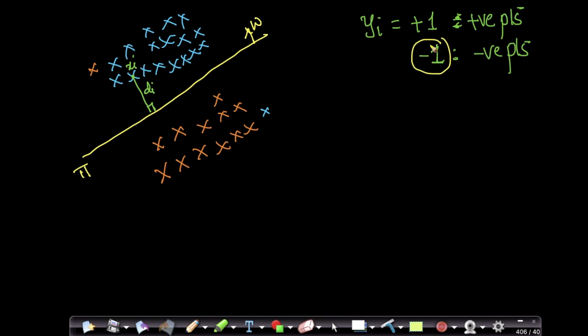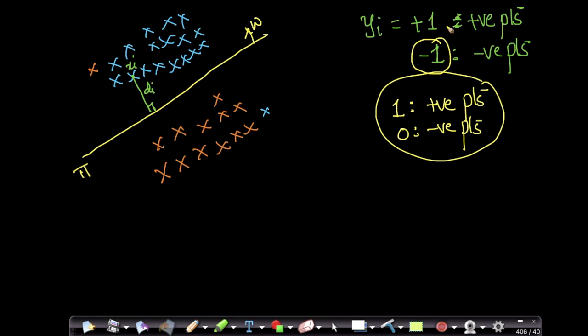Till now, we have been saying 1 is positive points and 0 is negative points. Now we'll change it slightly: +1 represents positive points, -1 represents negative points. You'll see why I'm using +1, -1 and not 1 and 0 in a while, so please bear with me.